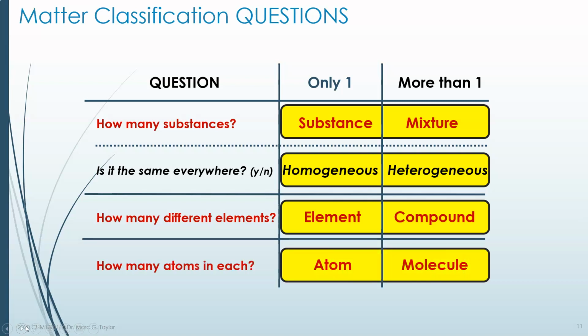Then you ask the question for each substance again: how many atoms in each? So this is a different question. It overlaps, but it is not the same question, so be careful. How many atoms in it? So we're talking about total atoms. We don't care if they're the same or if they're different. How many total atoms? If there's a single atom, well, it's an atom, and an atom is the smallest component of an element.